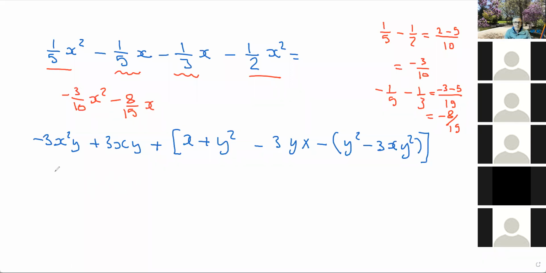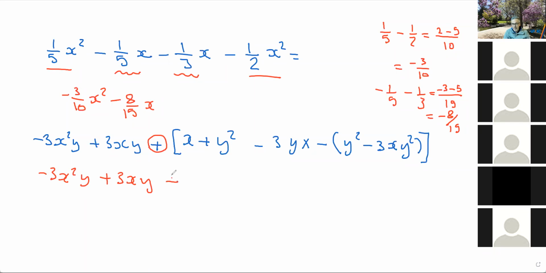Now this the second thing, make sure you start getting rid of your brackets. Okay, so it'll be -3x squared y plus 3xy. Now let me tell you something. When this is a plus sign, everything that comes after the plus sign is not going to change.